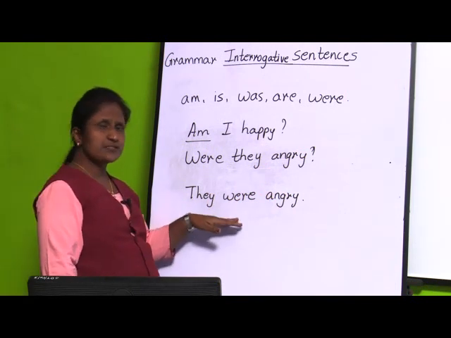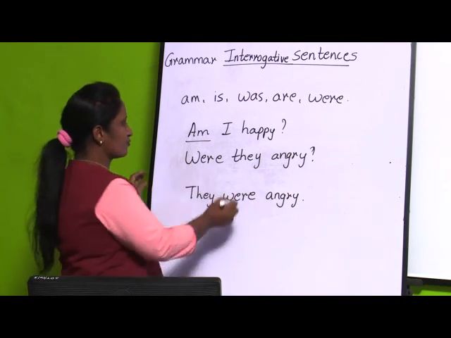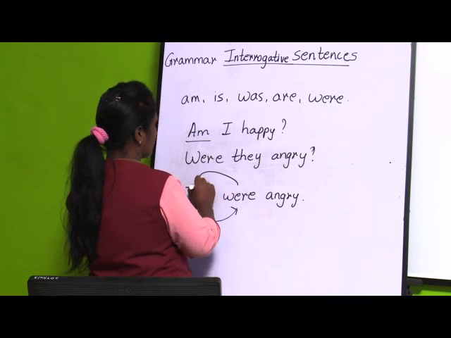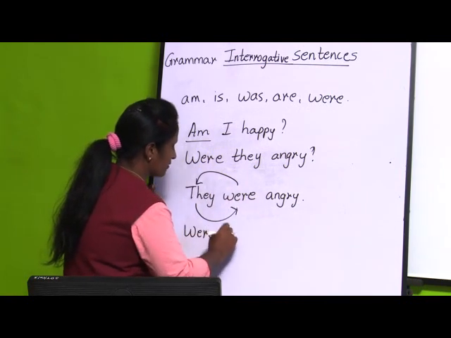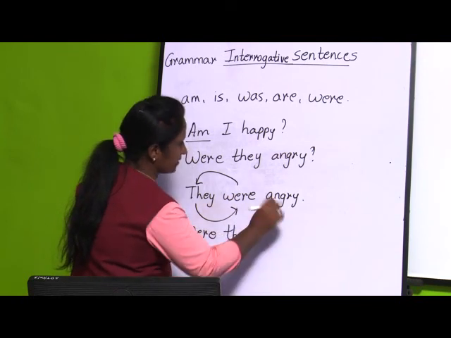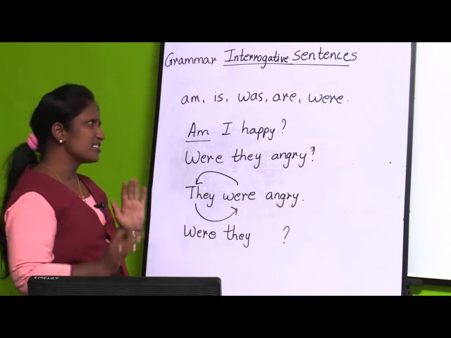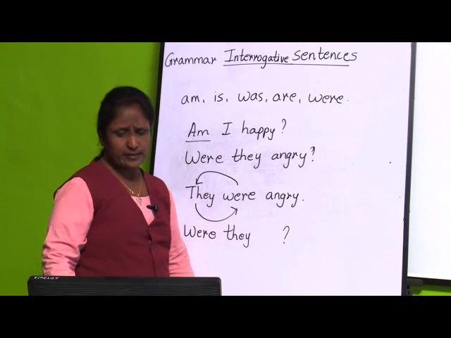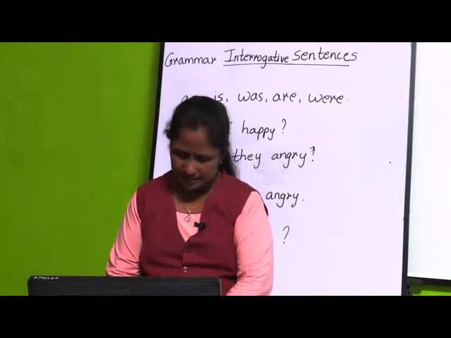If you want to form the interrogative sentence, you just have to change the place. "Were" will come first here, then "they," and "angry" as it is, and then you have to put a question mark. Only this much you have to do. "I am happy." "Am I happy?" So in this way you will be forming the interrogative sentences.